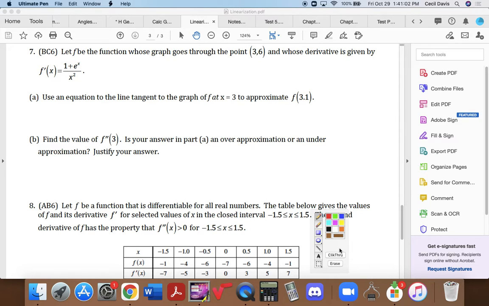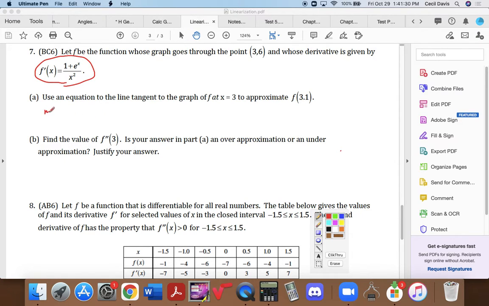I didn't do it as a decimal approximation because I never approximate anything until the end of the problem. No, the slope should be 2.342. That's the problem. All right, so let's find the slope. So it gives you the derivative already, right? Yep.